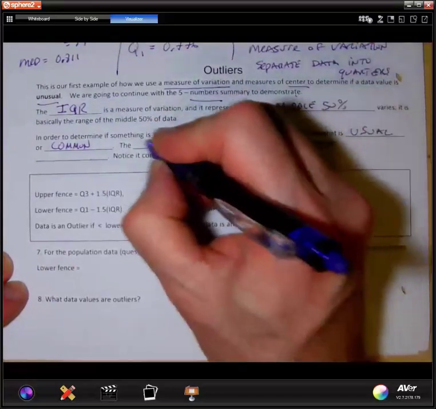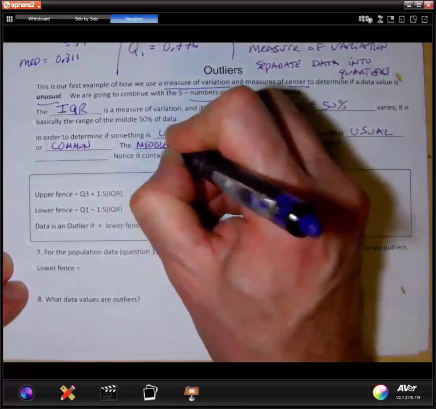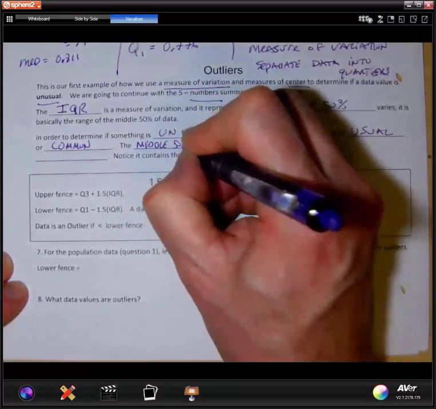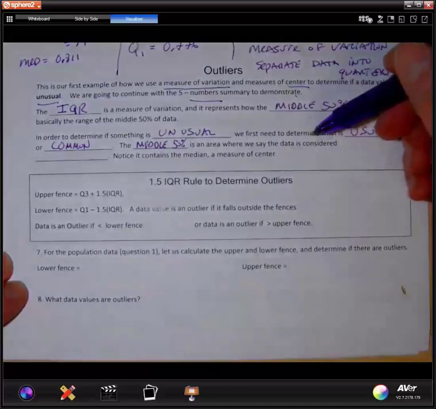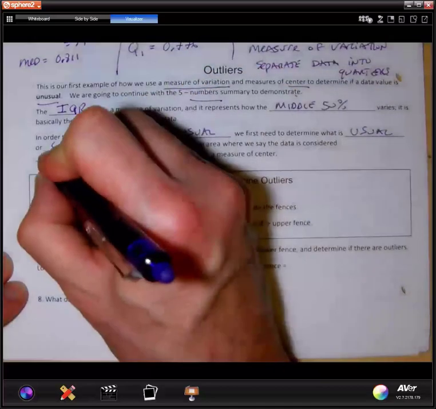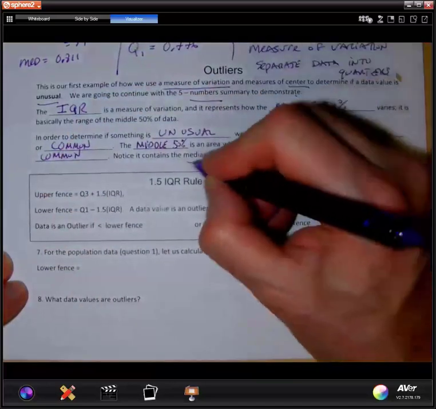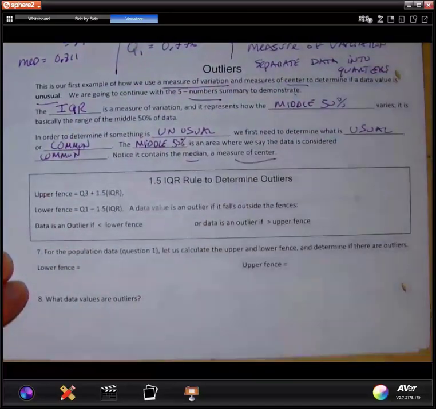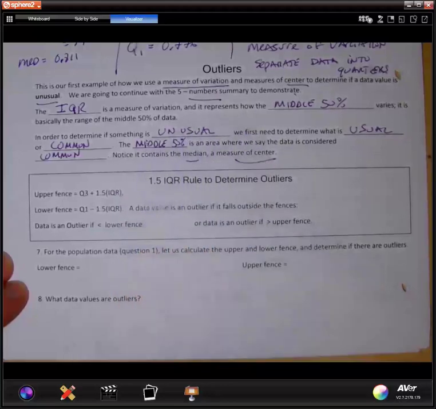The middle 50% is an area where we say the data is considered common. Notice it contains the median, a measure of center. So we're going to use the middle 50% as a way to find outliers.